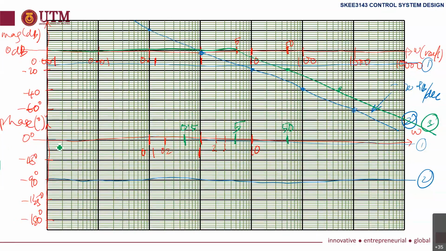If you check the note, it starts from 0 degrees until 0.5, which is 1 decade before the break frequency. And at the break frequency, it will be minus 45 degrees. After that will be minus 90. So it will be like this. This is the third component.